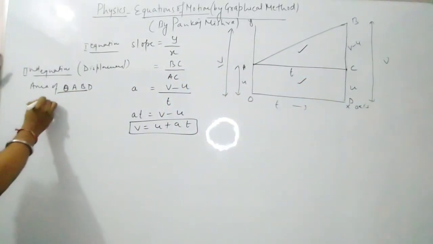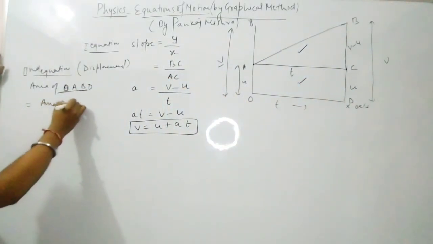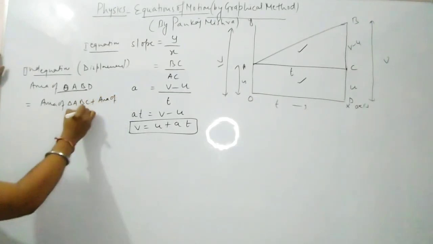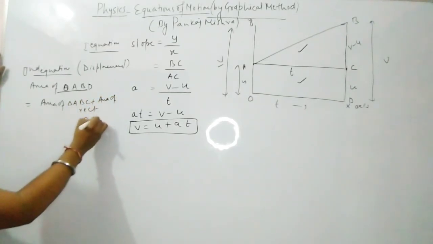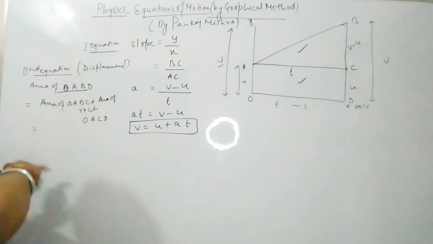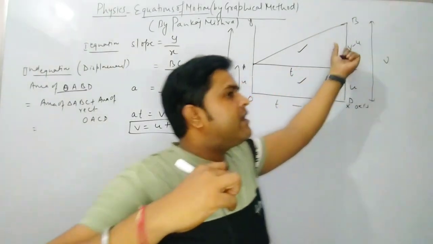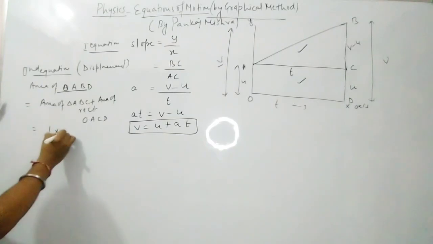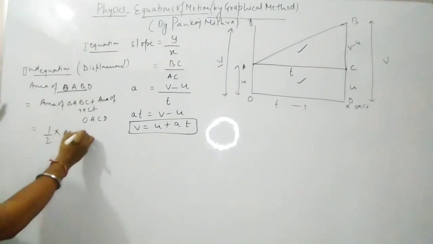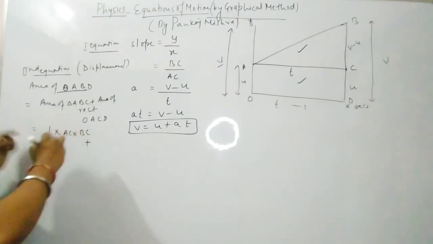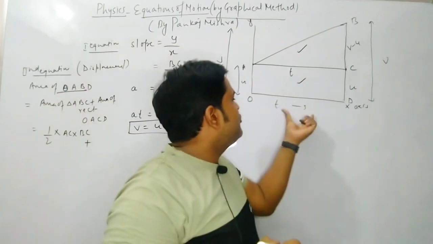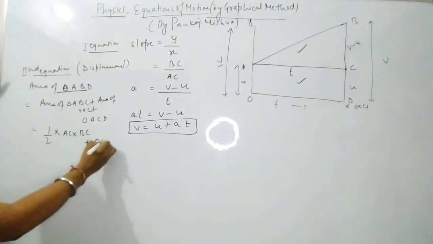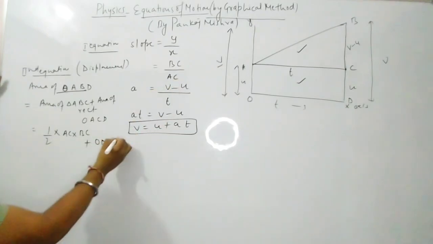So this becomes area of triangle ABC plus area of rectangle OACD. For the right angle triangle, it is half into base into height. The base is AC and the height is BC. For the rectangle, length into breadth: length is OD, multiplied by CD.